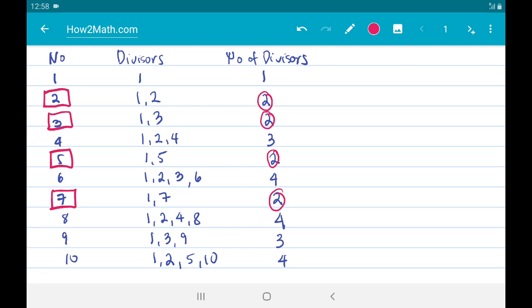So these numbers are called prime numbers. Prime numbers are numbers with only 2 divisors, 1 and itself.